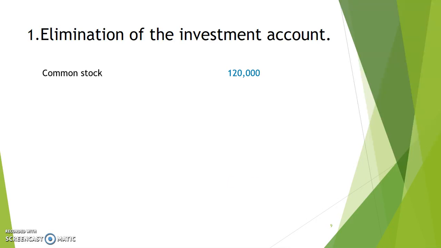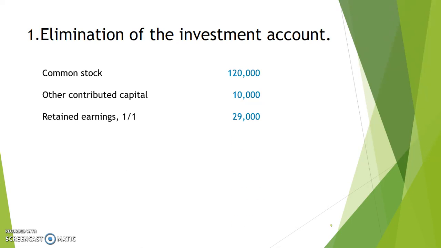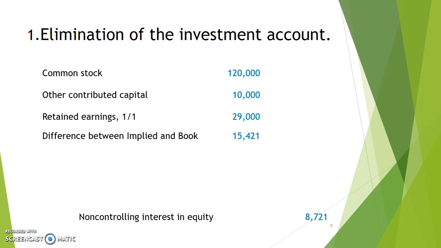Now, we would debit the common stock of the sub $120,000. We would debit other contributed capital $10,000. We debit the retained earnings with the $29,000 to eliminate the beginning retained earnings. This is made in the retained earnings statement. We would debit the difference between the implied and book value, which we would have calculated to be $15,421.